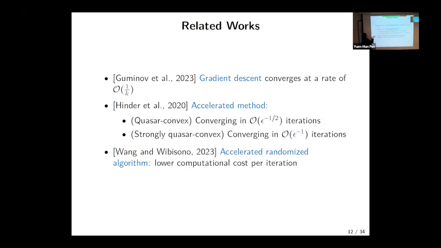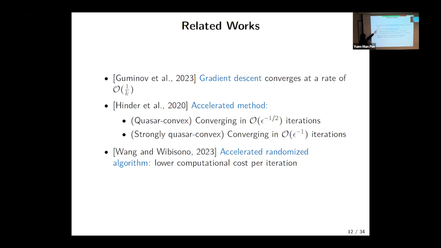And we can also see some algorithmic consequences of quasar convexity. In this work, they show gradient descent converges at a rate of O(1/K), where K is the number of iterations. So it is as good as a convex function.